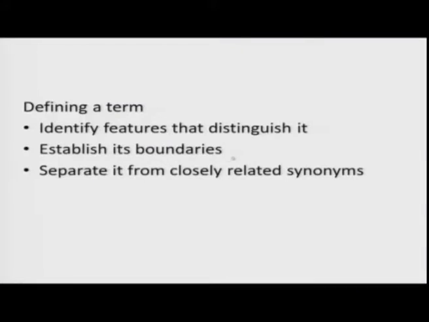Then we establish its boundaries, and by doing so we separate it from closely related synonyms. Say, for example, you are distinguishing between autocracy and dictatorship. There may be some similarities, but they are different. So, you want to define each term so that the distinguishing features become very prominent.